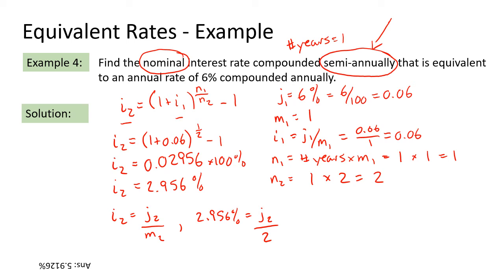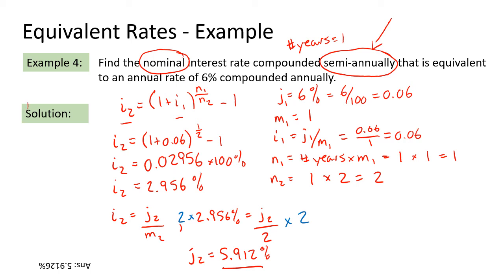To solve for this, we need to remove the 2 from the right-hand side of the equation. We do that by multiplying both sides by 2. And if we do that, we get J2 is equal to 5.912%.